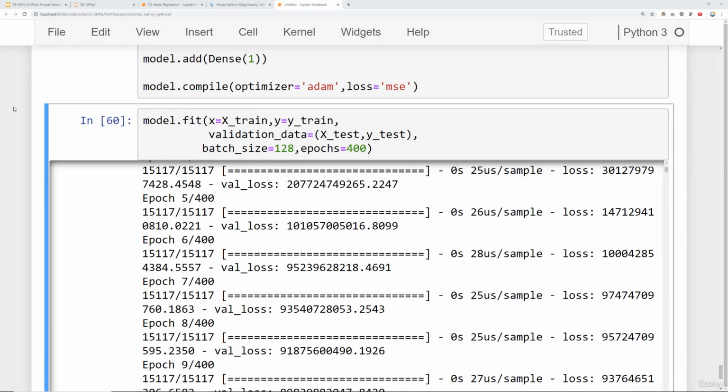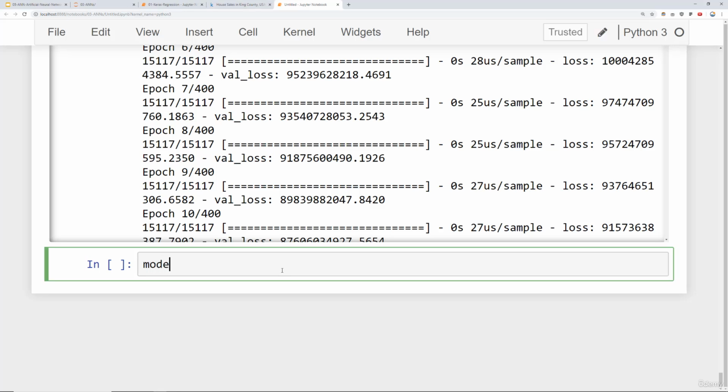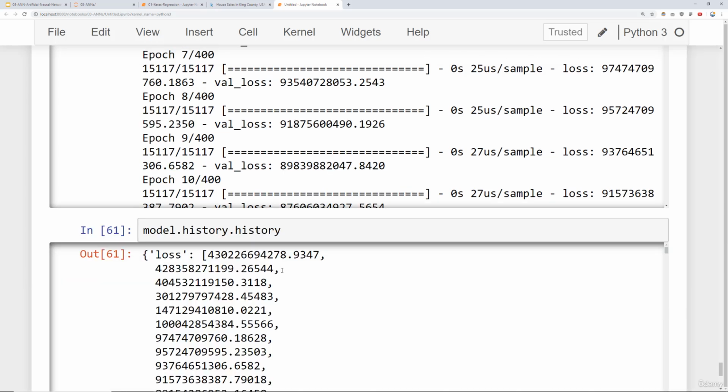We just finished training for those 400 epochs. What I'm going to do now is explore what my model history looks like. Recall, we can get a history of those losses by saying model.history.history, and it returns this dictionary.